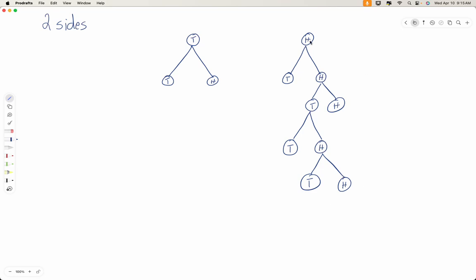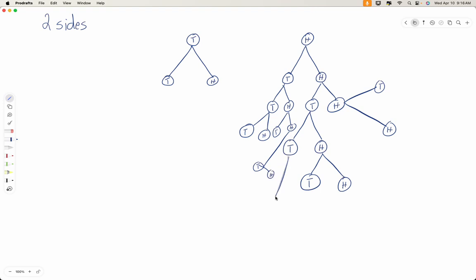All right, looking at this chart, I'm going to fill in all the others. Tails or heads. Tails or heads. Tails, heads. I'm running out of room. I'll go this way. Tails, heads, tails, heads.